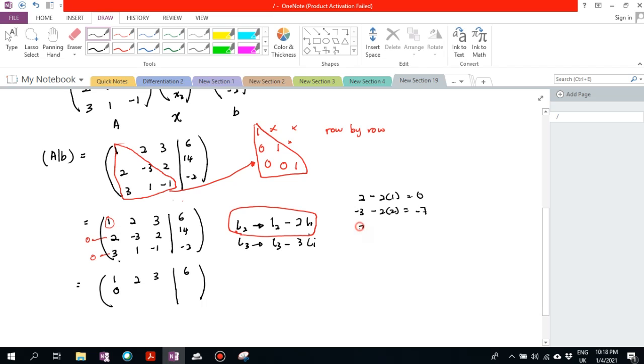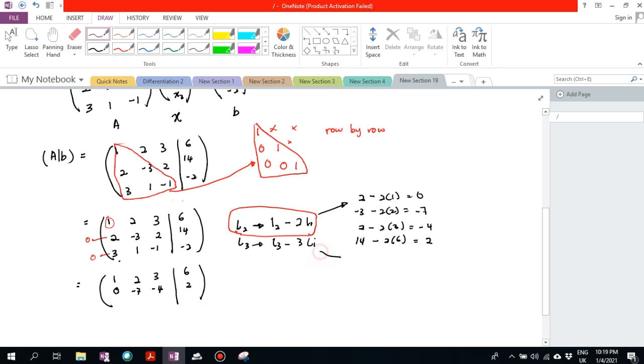Then the third one is 2 minus 2 times 3, so 2 minus 6 becomes negative 4. And the last one, 14 minus 2 times 6, is 14 minus 12, which becomes 2. So you can put it here: 0, negative 7, negative 4 and 2. Okay, done for this one.